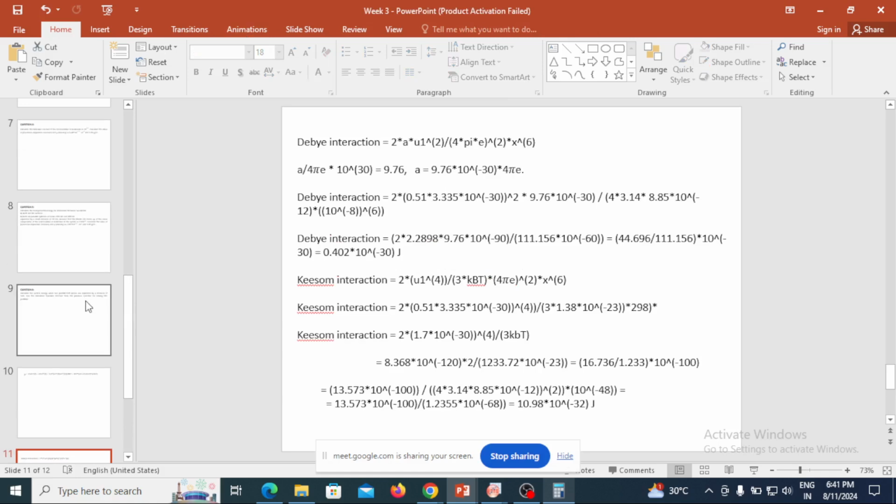So this is about calculating each individual force and then finding out the contribution of each of them towards the total interactions.